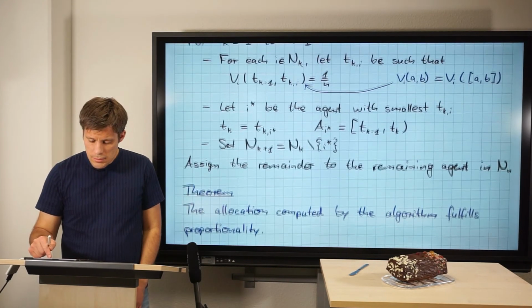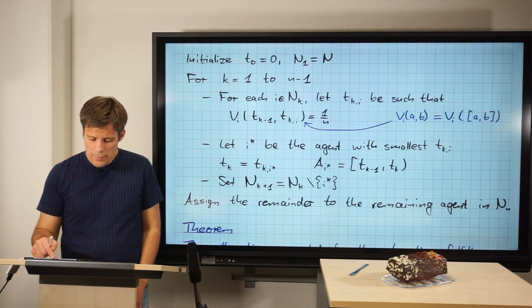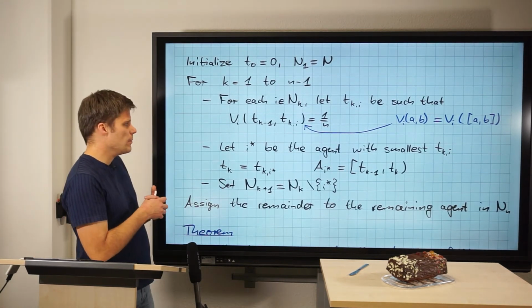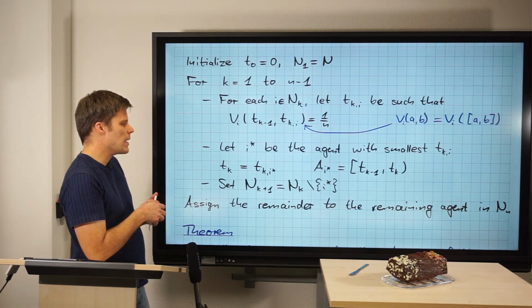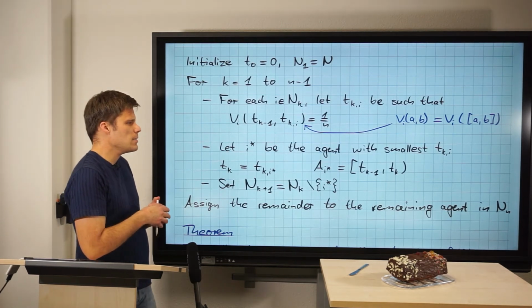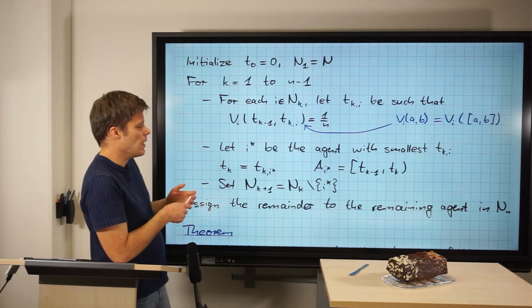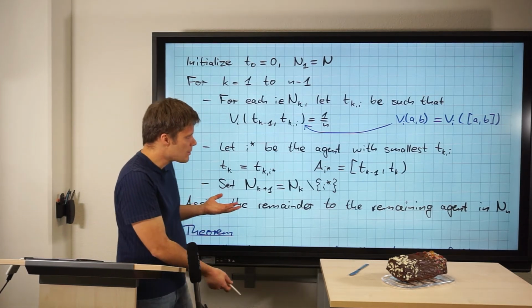And to see why we have a proportional allocation, we should have a look back at this algorithm. And the thing that we should be asking is, is this even a feasible allocation? Is this even a feasible algorithm? Is this even well defined?